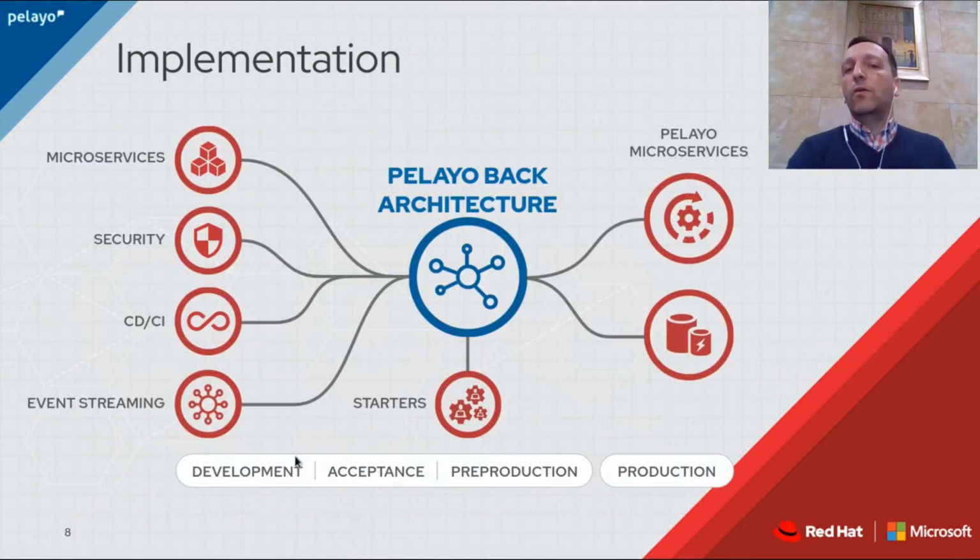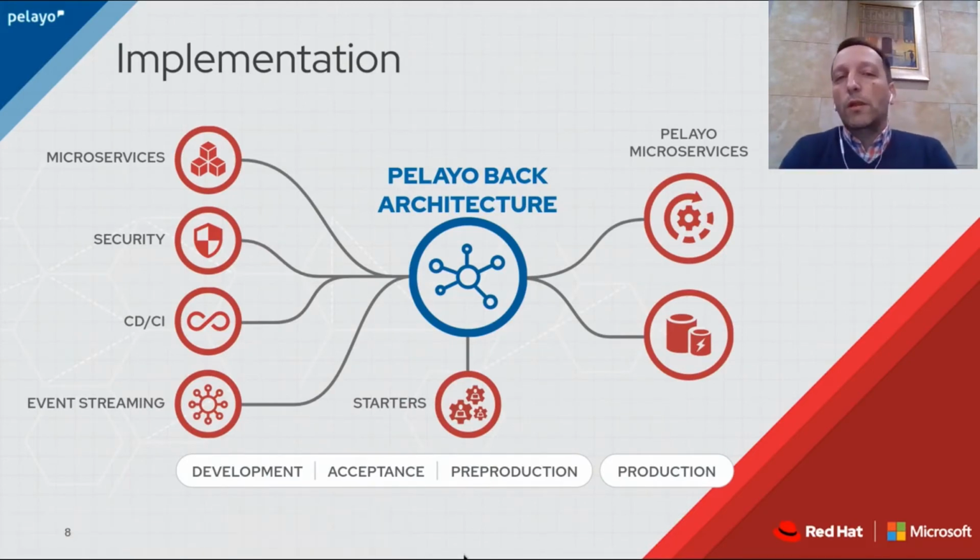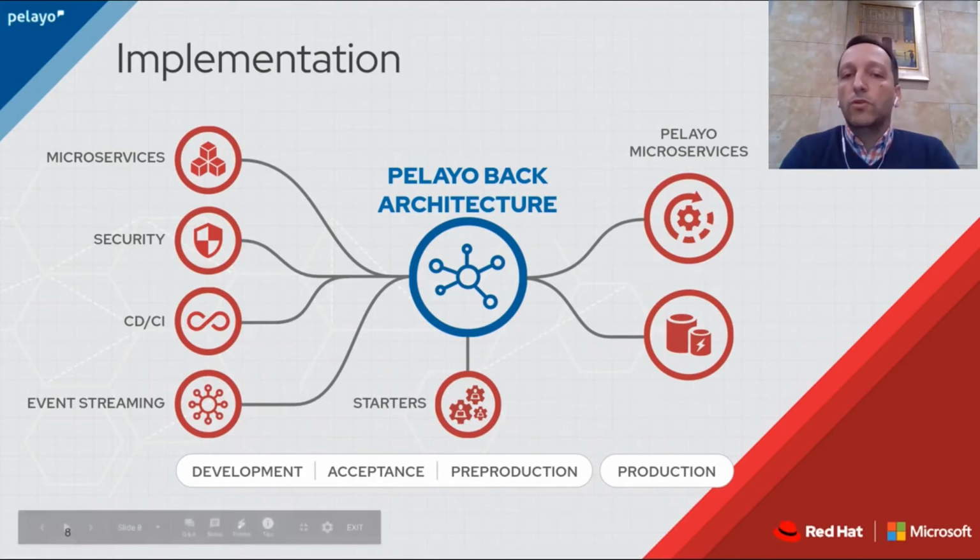What do we have in Aero right now? We wanted to build our new architecture based on 4 main pillars: security, microservices, continuous integration and continuous deployment, and event streaming.